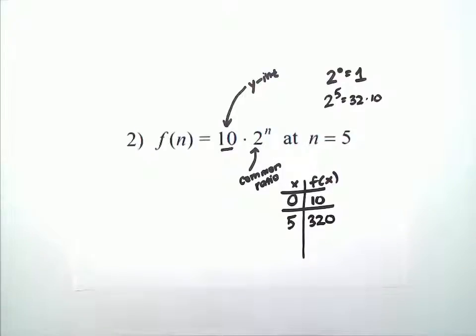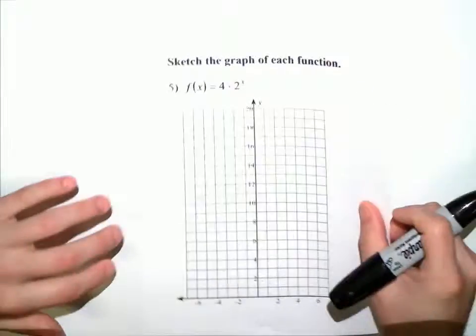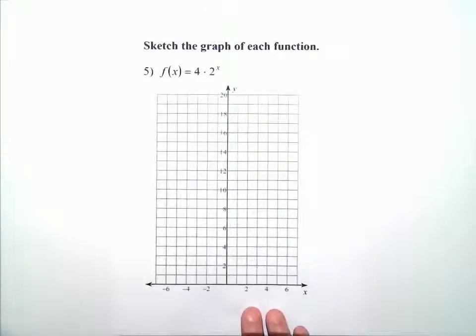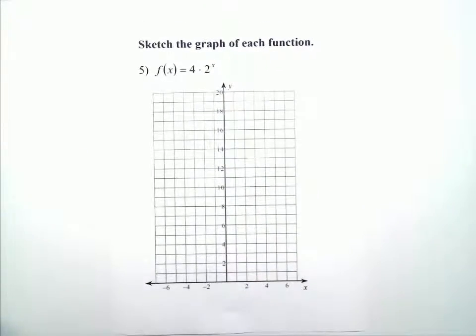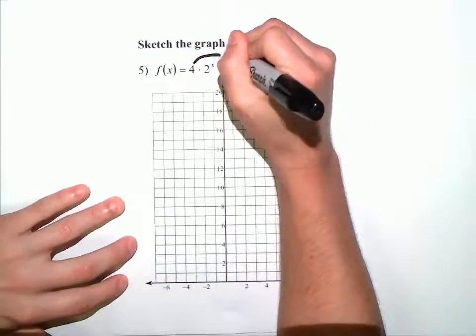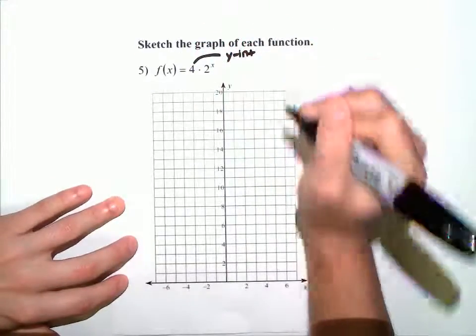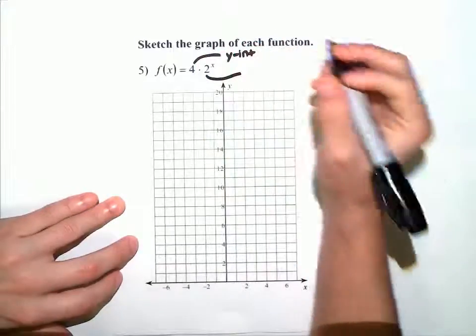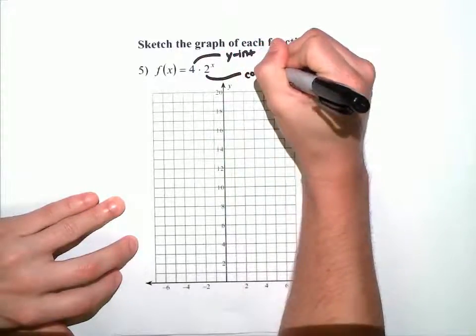It's multiplying by a number that's getting it bigger and bigger and bigger. Alrighty. We're going to go ahead and take a look at the graph of an exponential function here. So using the same words we used a moment ago, we know that 4 is our y-intercept, and we know that 2 is our common ratio.